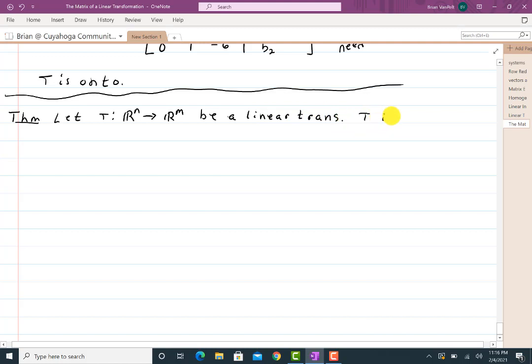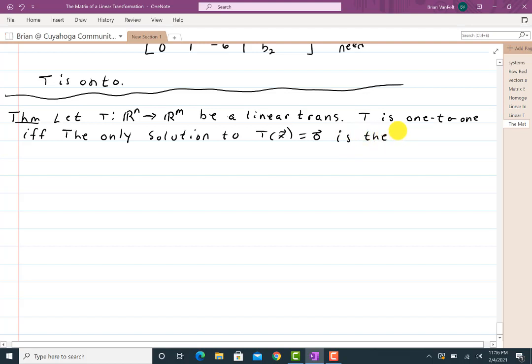T is 1 to 1 if and only if the only solution to T of x equals the zero vector is the trivial solution.